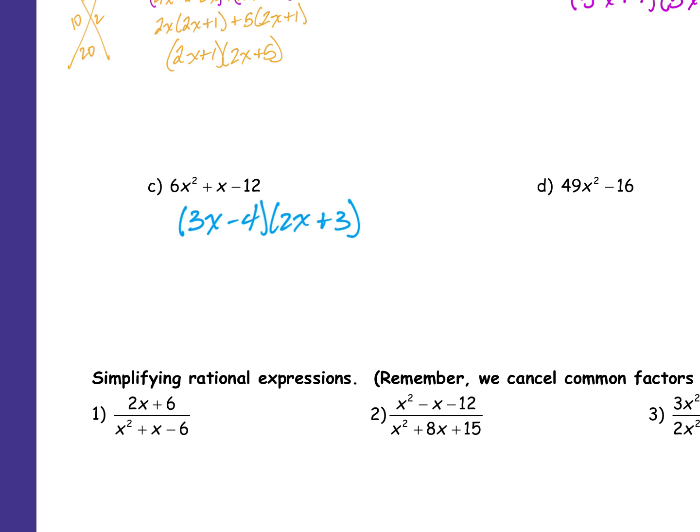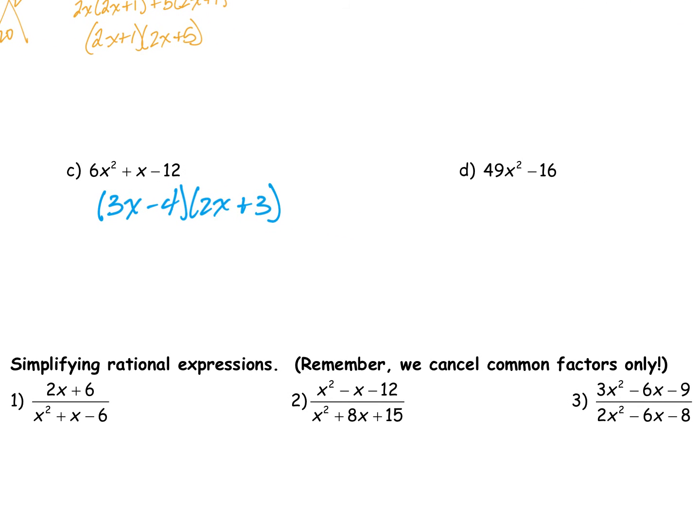Let me make sure. Negative 8 plus 9, yeah, that's it. And then D is 7x minus 4 and 7x plus 4. Are there any questions on those? Serena, are you okay? Okay.